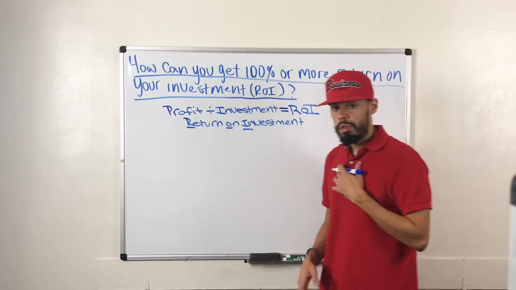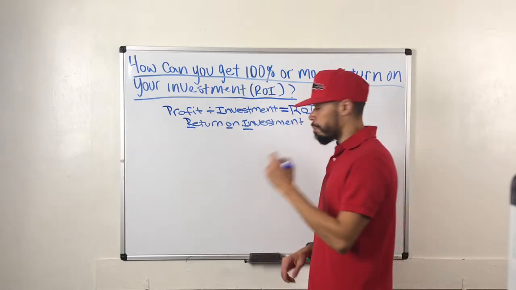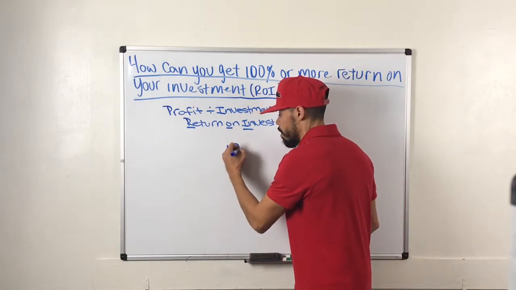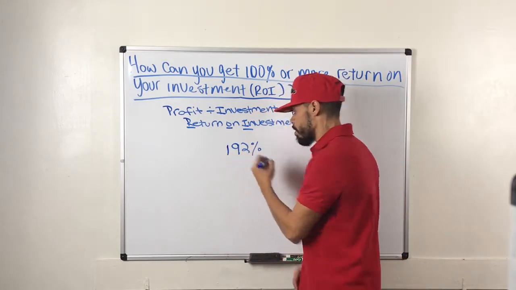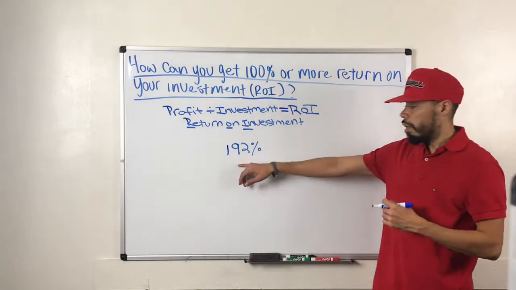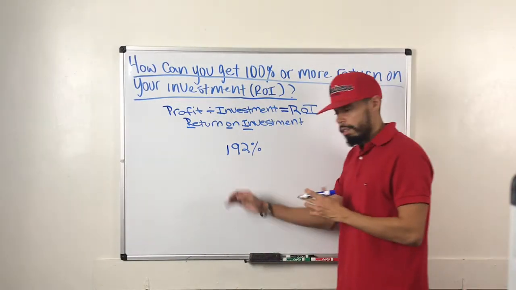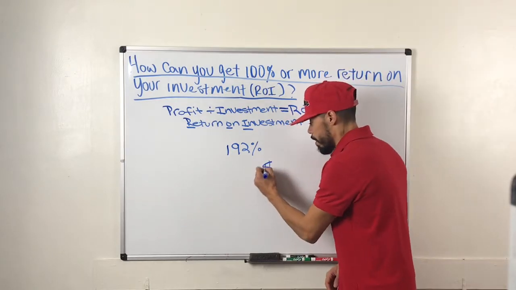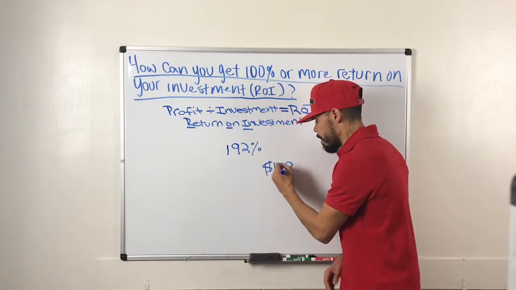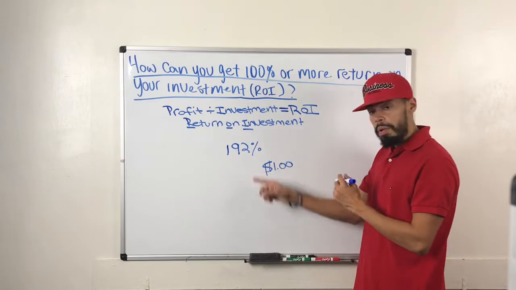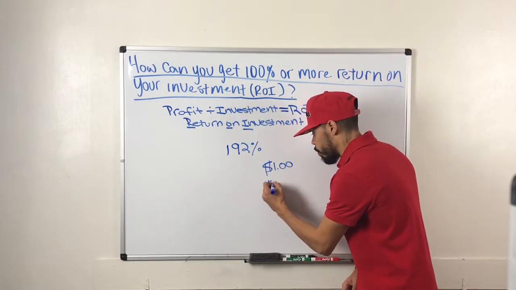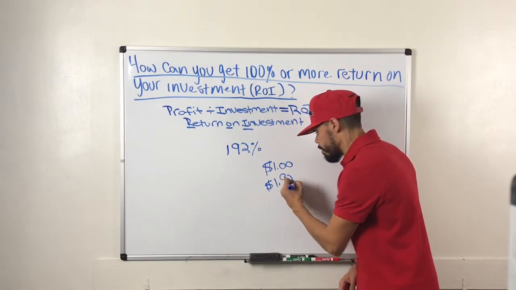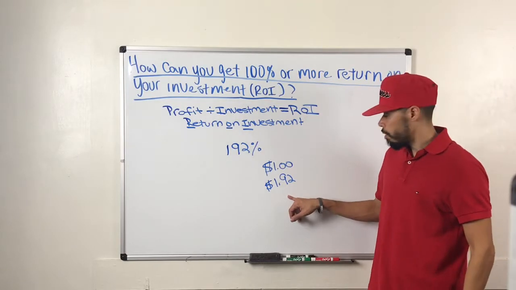So now in my situation, one of my investments, I'm getting 192% return, right? Now what this looks like is this. For every dollar I put out, every dollar that I invest, I get back $1.92, right?